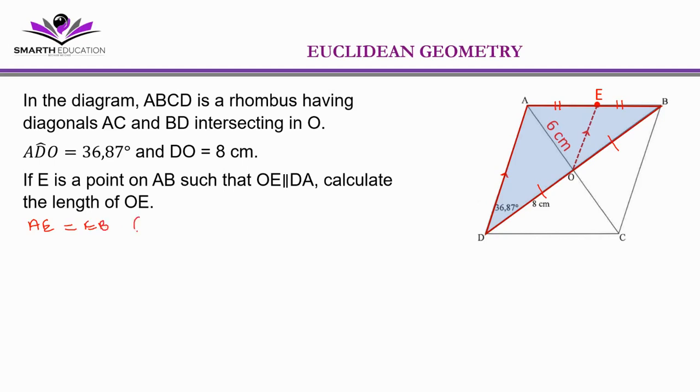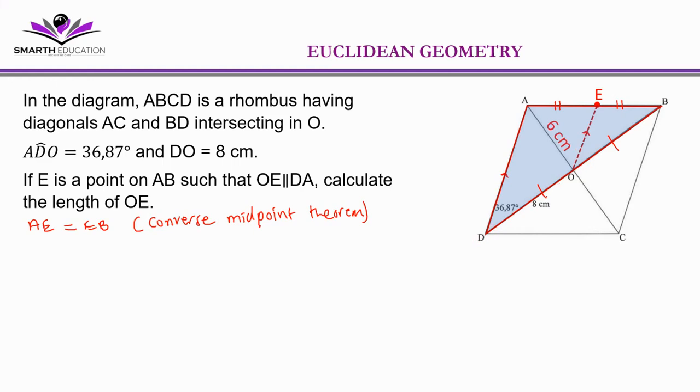Why? This is the converse of the midpoint theorem. What does the converse of the midpoint theorem say? The line drawn from the midpoint of one side of a triangle. So we have line OE, which is drawn from the midpoint of DB, if you check.